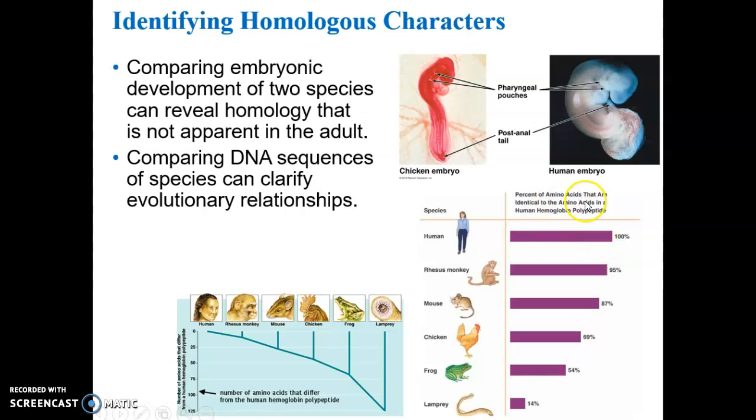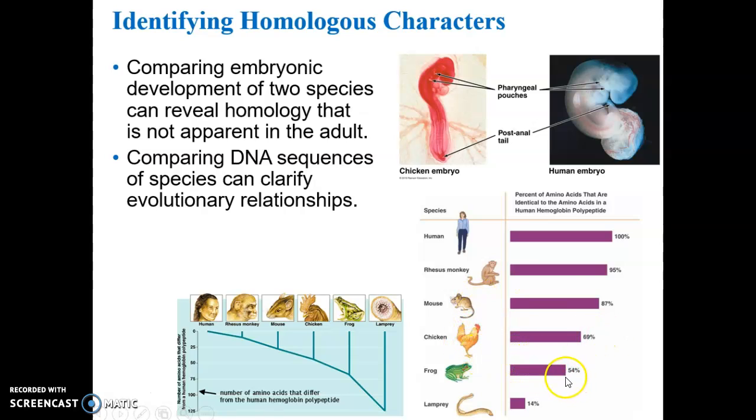If we look at the amino acids and their sequence in that hemoglobin protein or polypeptide, humans and rhesus monkeys have a very similar match. If you compare a rhesus monkey to the human, there's a 95% match with the hemoglobin polypeptide, meaning the hemoglobin gene is similar in both of these. Much more similar than a human and, say, a chicken or a human and a frog.